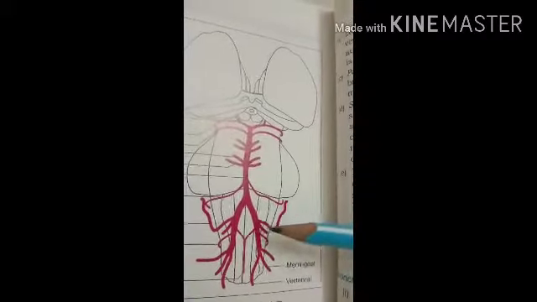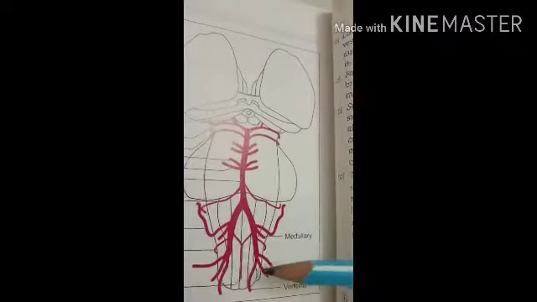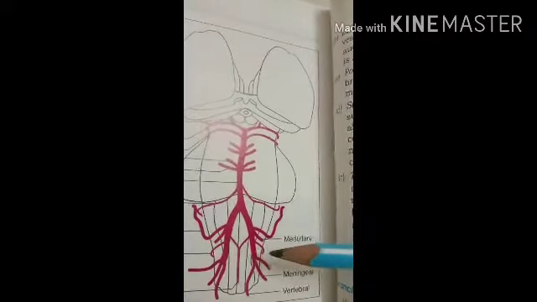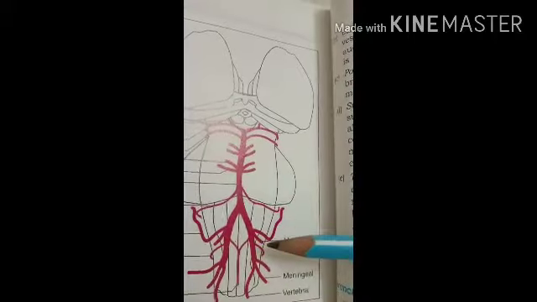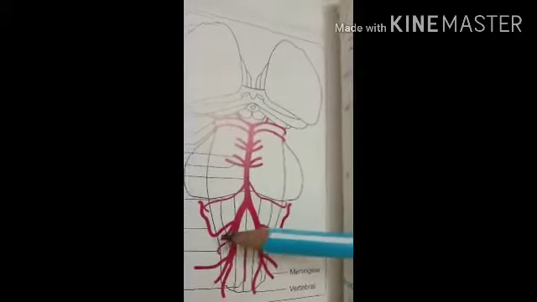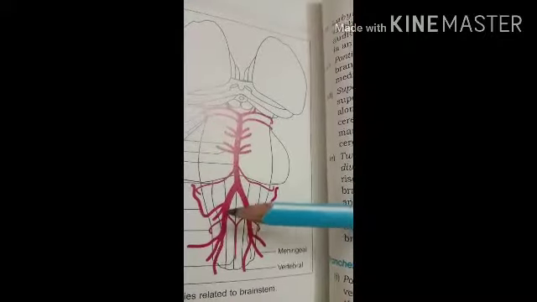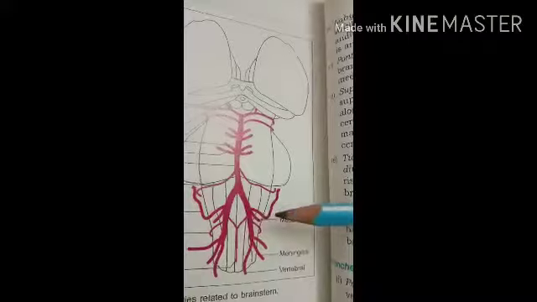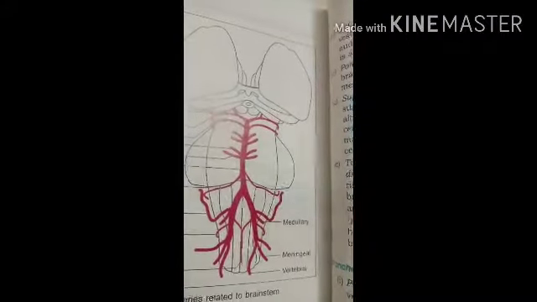So if thrombosis occurs in this artery, the dorsolateral aspect of the medulla oblongata and the cerebellum are affected. So it can show some symptoms. First, loss of pain and temperature sensation over the face due to involvement of the spinal nucleus of the trigeminal nerve.